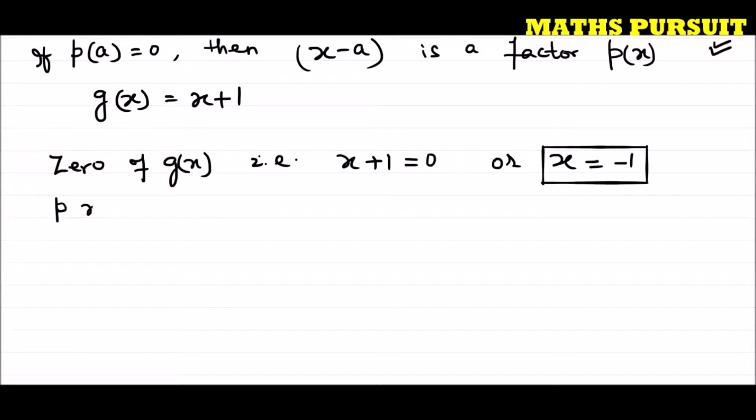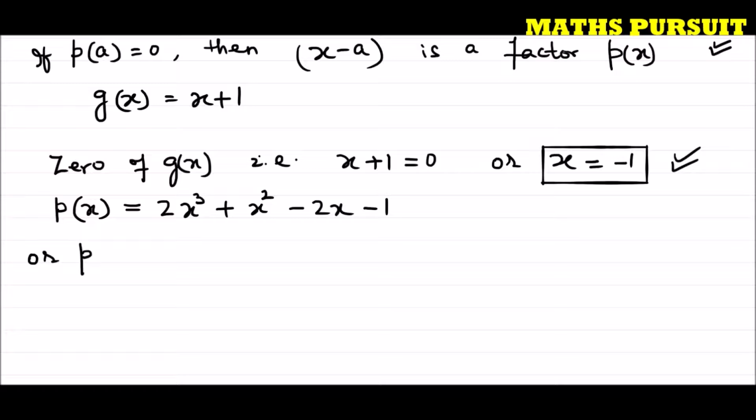Here the question has given us p(x) = 2x^3 + x^2 - 2x - 1. Just replacing the value of x with minus 1, I can write p(-1) = 2(-1)^3 + (-1)^2 - 2(-1) - 1.